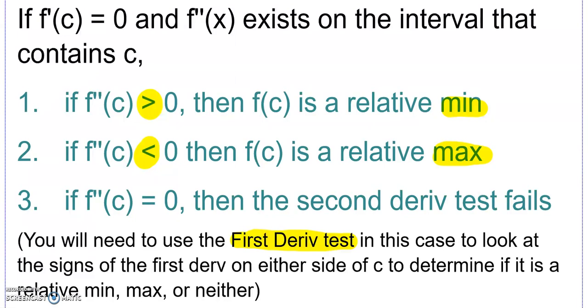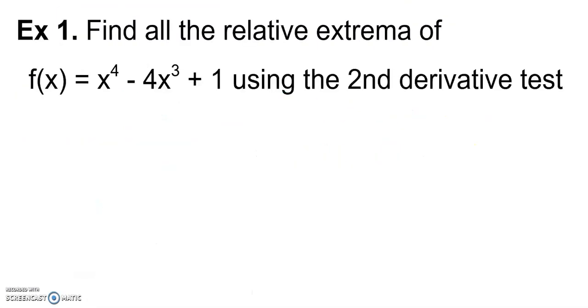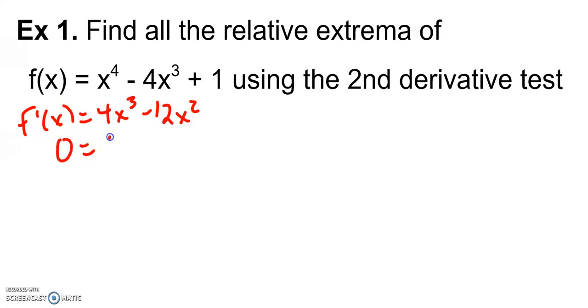So again, this is a little bit different. Typically the first derivative finds the relative max and mins. We're going to try to find that with the second derivative test on this example. First we need to take the first derivative, and we're going to use that to find our critical numbers. To find the critical numbers, we set that equal to 0, and then use our algebra skills to find the solutions for x.